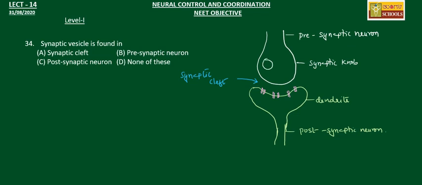Located in the synaptic knob are synaptic vesicles. So these are synaptic vesicles, and we will also find a lot of mitochondria. So you will see here mitochondria. Okay, and filled inside these vesicles are neurotransmitters.